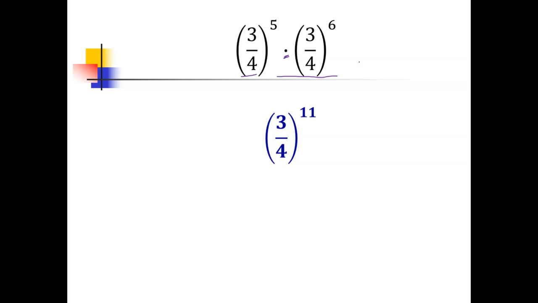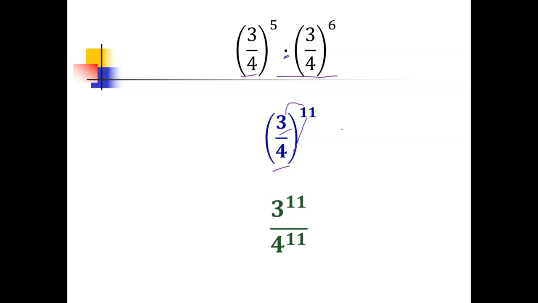So I used the first rule. Now I'm going to use the last rule that I showed you. My numerator is 3, my denominator is 4, and I'm going to distribute 11 to the numerator and 11 to the denominator in order to remove the parenthesis. So from here, I'm going to get 3 to the power 11 over 4 to the power 11.